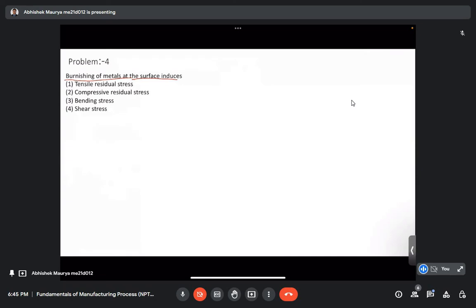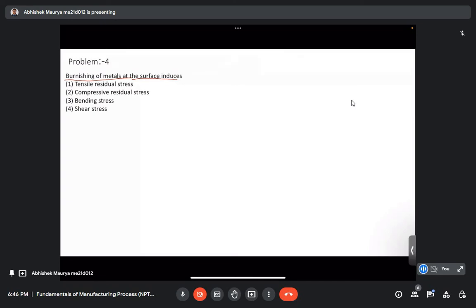as we have seen in the earlier process, sandblasting, where the high velocity sands were coming and creating plastic deformation in a very localized region. So here also the plastic deformation is happening, but only up to a very small depth.